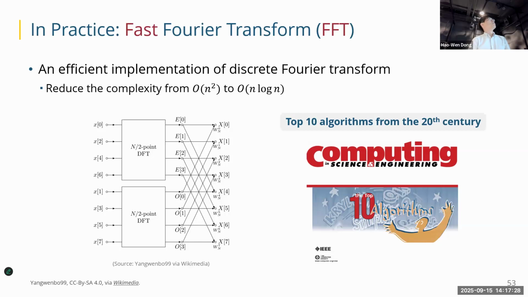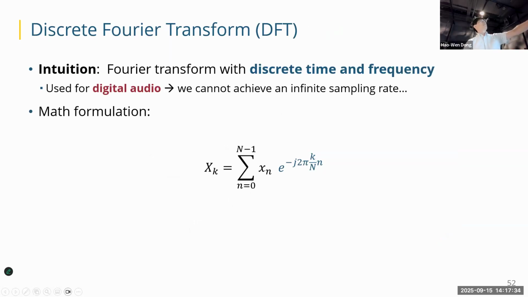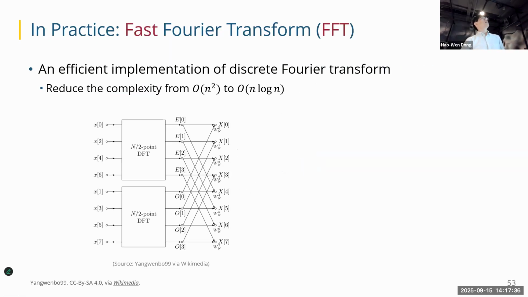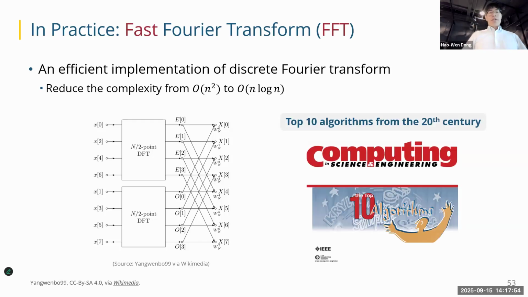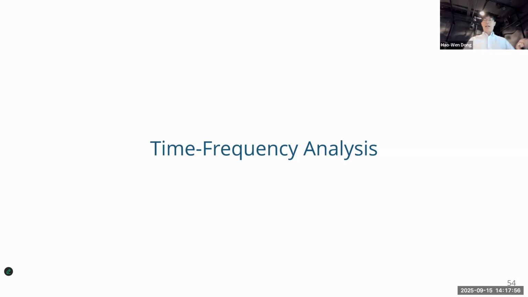Basically, you can lower the cost of the whole DFT. If you want to compute this, originally you need n squared, but you can lower it down to n log n. It's very cool. In one of my signal processing classes, I had to implement it, but we won't be doing this. But it's a very elegant implementation of discrete Fourier transform. Cool. So that's Fourier transform.